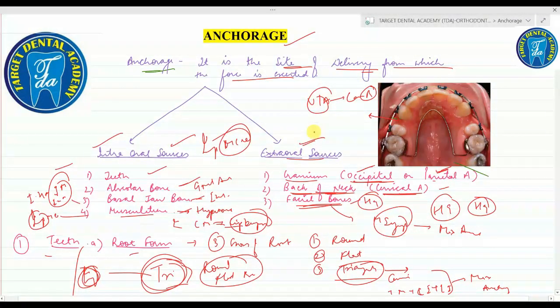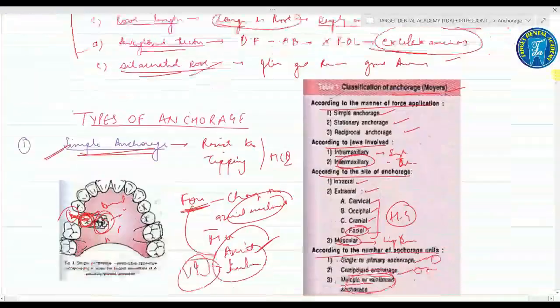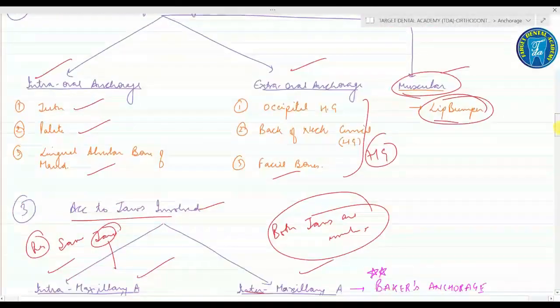It is also used in case of molar distalization, the distal movement of the molar. Another very important point is that it is also used as a space maintainer. This is the button, which is called an acrylic button. So this is the Nance palatal arch.